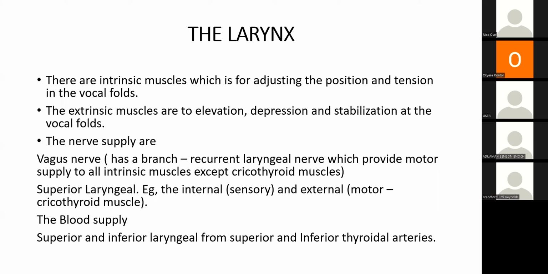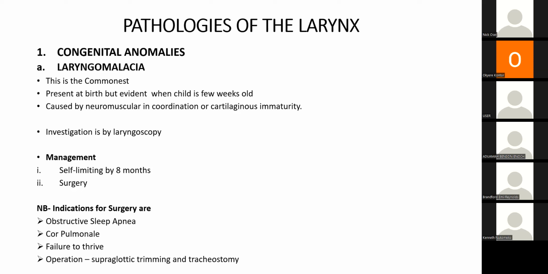And then we also have certain extrinsic muscles which are used for elevation, depression, and stabilization of the larynx. We have the superior laryngeal nerve and the vagus nerve as the main nerve supply, and the blood supply, usually the superior and inferior laryngeal arteries from the superior and then inferior thyroid arteries. So these are the pathologies.